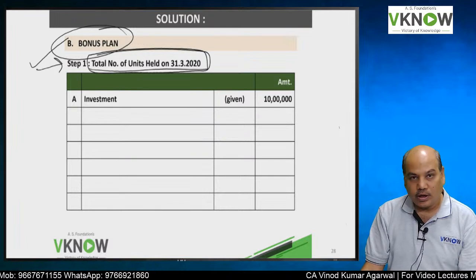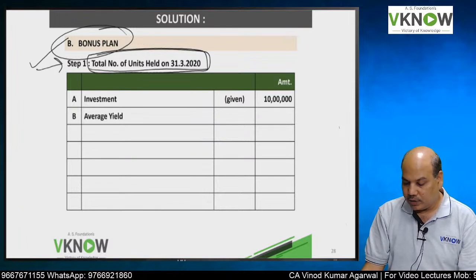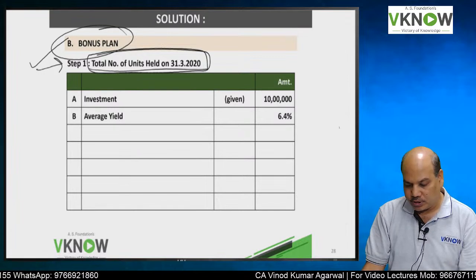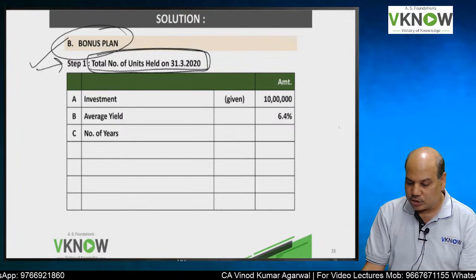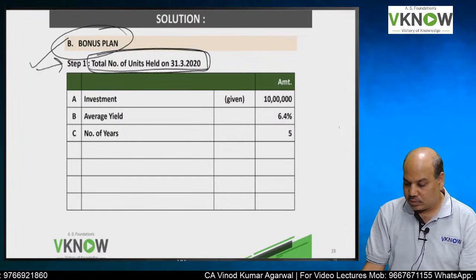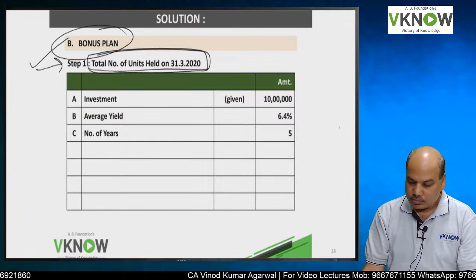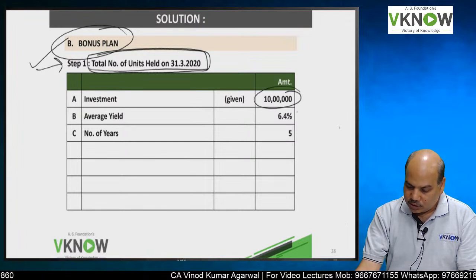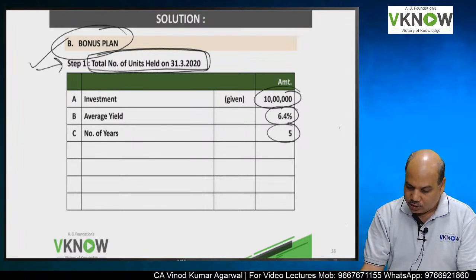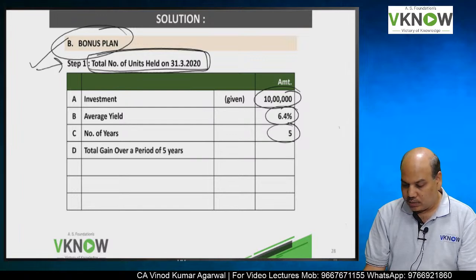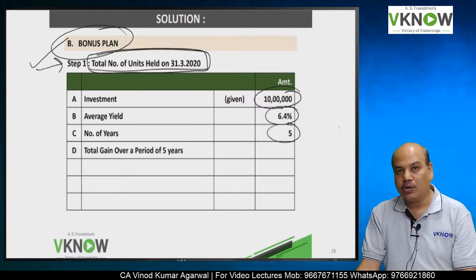Investment 10 lakh, average yield 6.4%, number of years 5. So investment multiplied by average yield into 5 will give me the total gain over a period of 5 years.